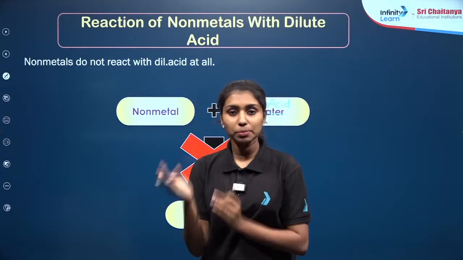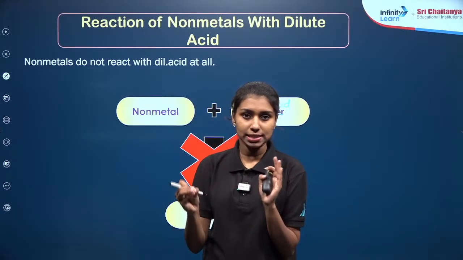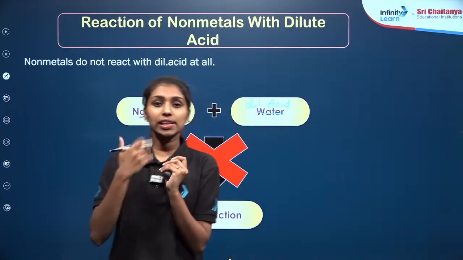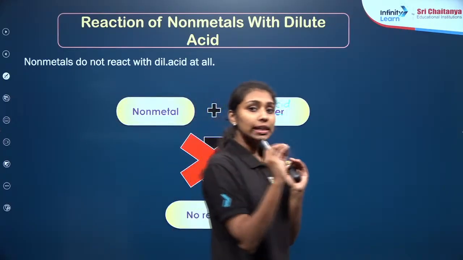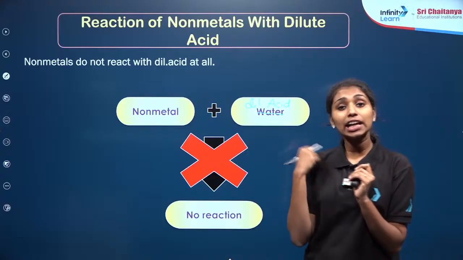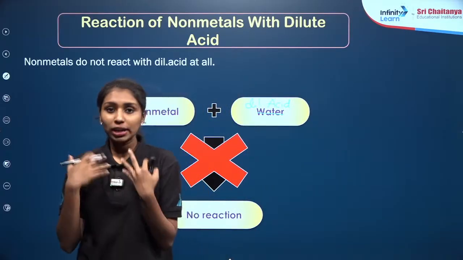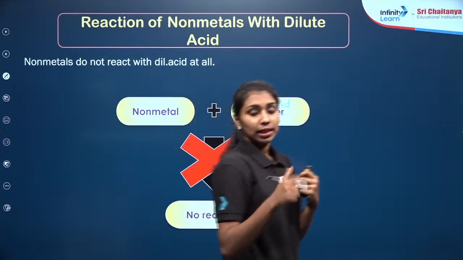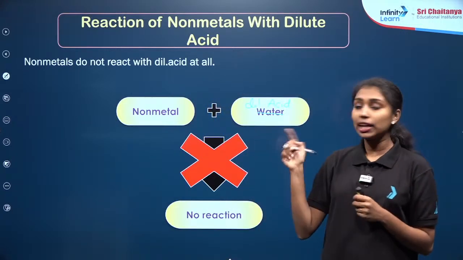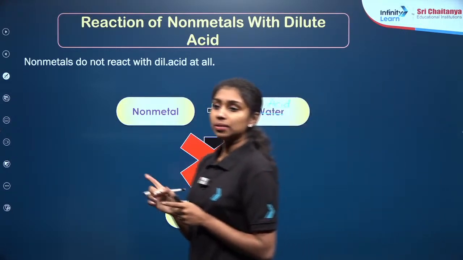Here the metal is electropositive in nature, which can donate electrons so that it can displace the hydrogen atoms. But in the case of non-metals, they are electronegative in nature. They cannot donate electrons, they can accept electrons. That is the reason why they are not reacting with the dilute acid at all. Is that clear?